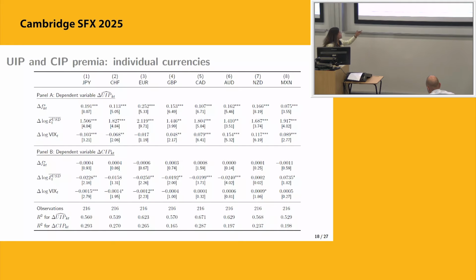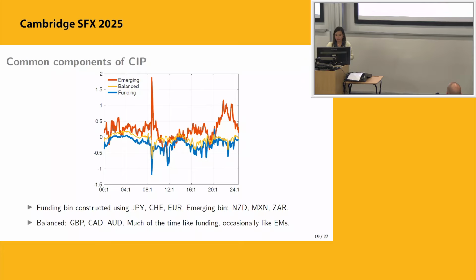Instead, for the CIP, there's no slope with respect to F, but of course it varies with measures like the VIX, and it varies in the way also predicted: for countries with negative A, these are the funding currencies, a shock to the VIX or a shock to mu will decrease the CIP, and it will increase it, but very little, for investment currencies.